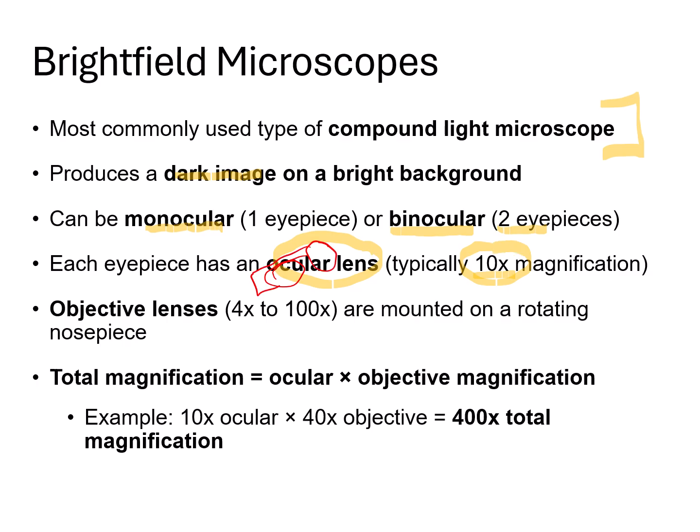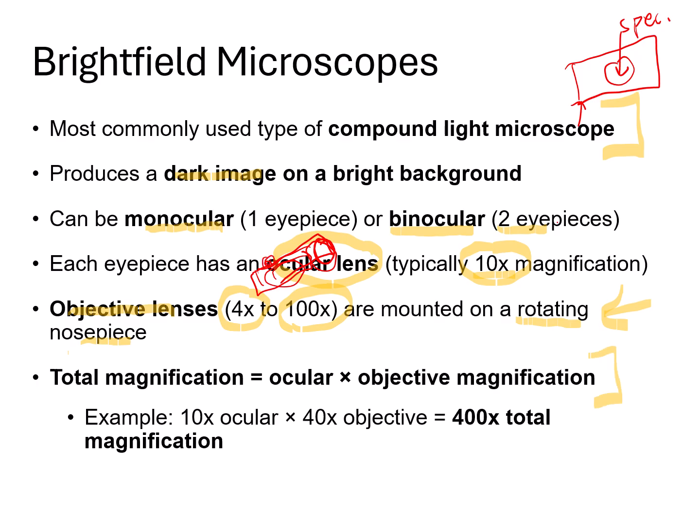And we also have objective lenses. Usually there are several of these that are mounted on a rotating nosepiece, and they generally vary from 4 all the way to 100 times magnification. So on our microscopes, we'll see 4, 10, 40, and 100 times objective lenses. One important calculation is the calculation for total magnification of a microscope.